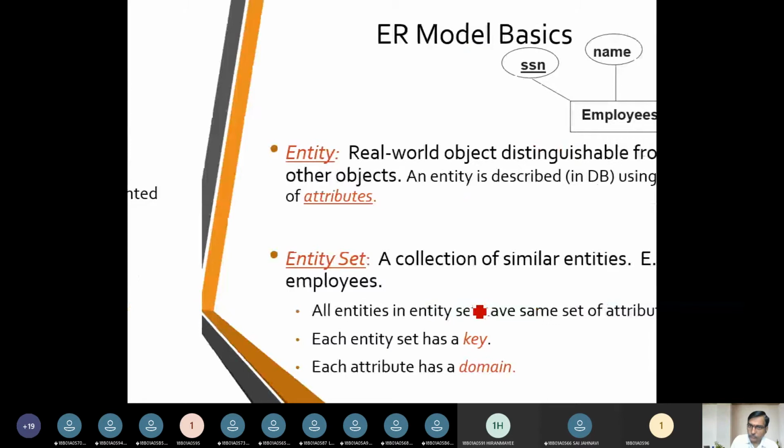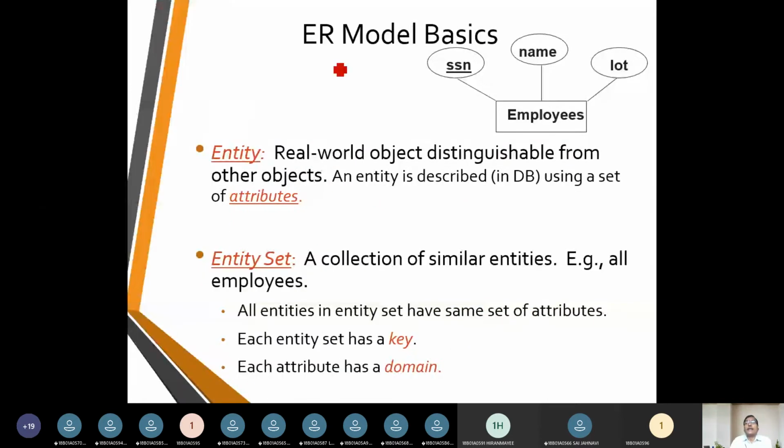Here is an employee database, and in this employee database we have some entities. We have these attributes here: SSN, the security number, the name, and the lot.